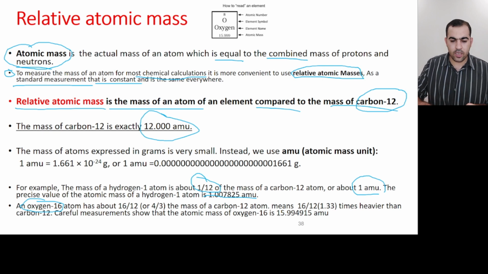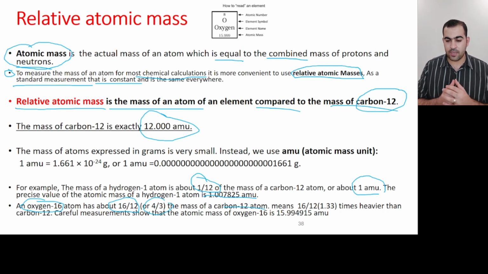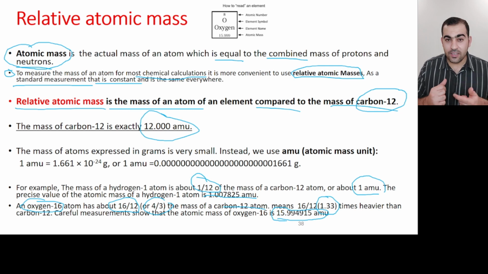When they measured it, it was 16/12 or 4/3 the mass of carbon-12. 16 divided by 12 equals 1.33 times heavier than the mass of carbon-12, or 1.33 times 12 equals 15.99. This is the atomic mass, or we can say relative atomic mass.